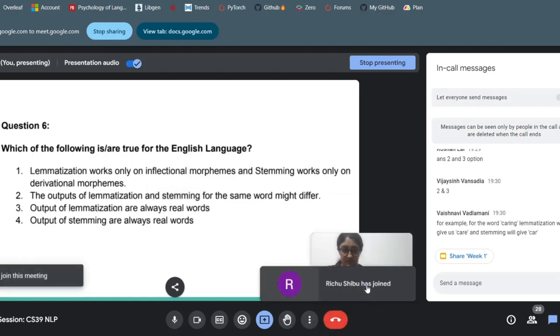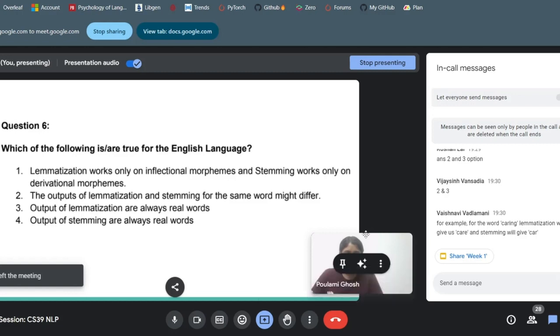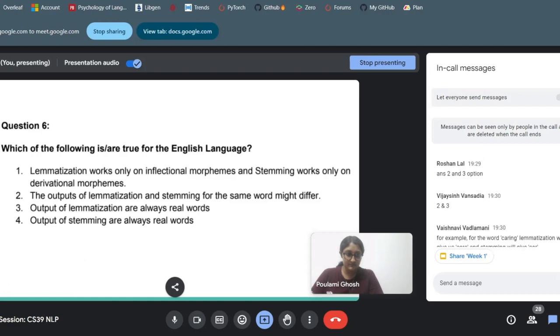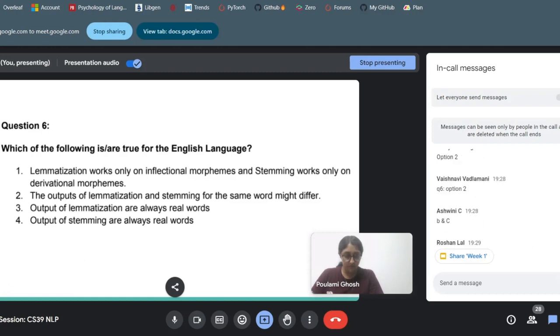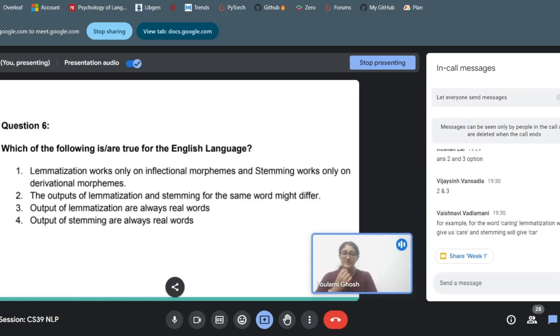Or in case of happy, if the last letter is Y, then it will remove it in one case, and in one case it gives the proper word for it. Okay, so which is the case where it's giving the proper word and where it would be improper?